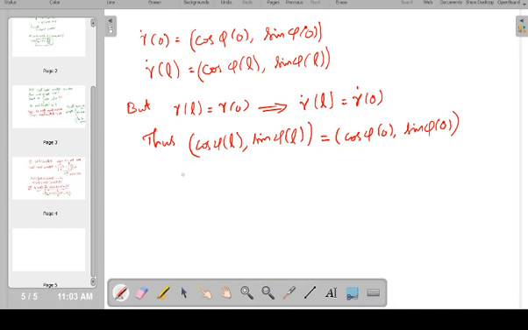Two vectors are equal if and only if their first components are equal and their second components are equal. So cos phi L equal to cos phi 0 and sin phi L equal to sin phi 0. Then what is the relation between phi L and phi 0? This implies that phi L minus phi 0 is 2k pi for some integer k. But what is phi L minus phi 0?